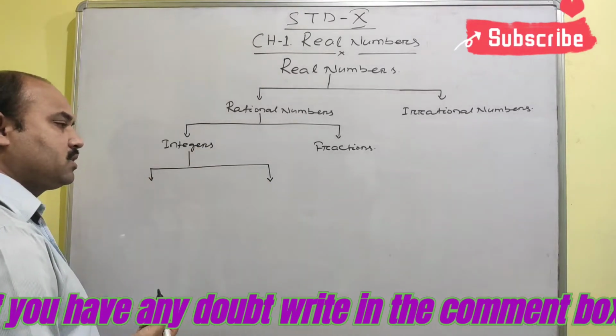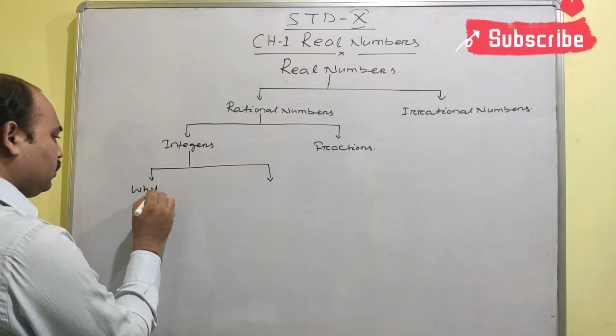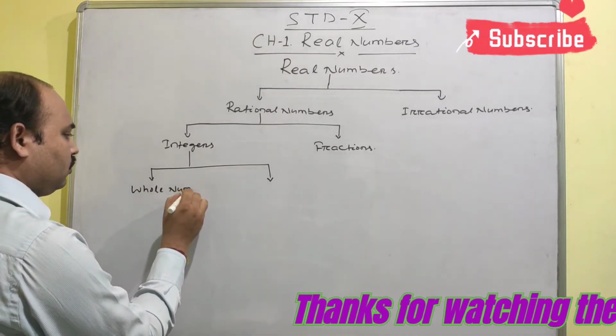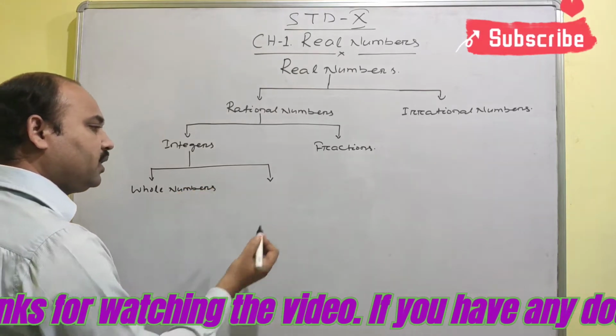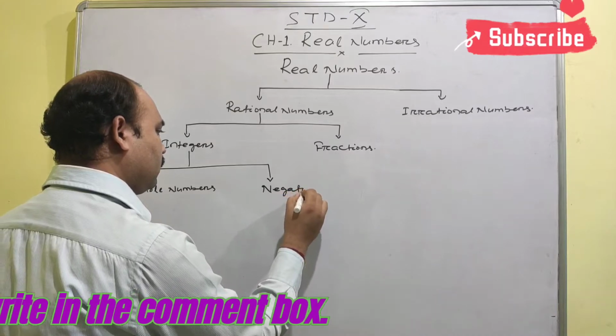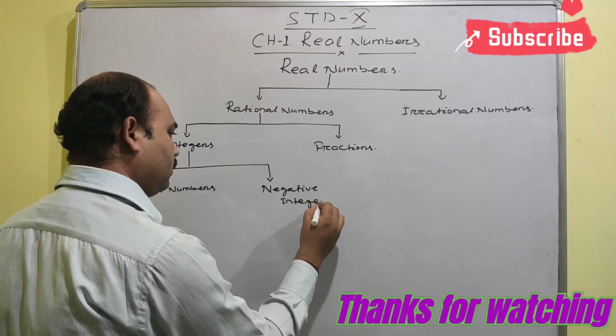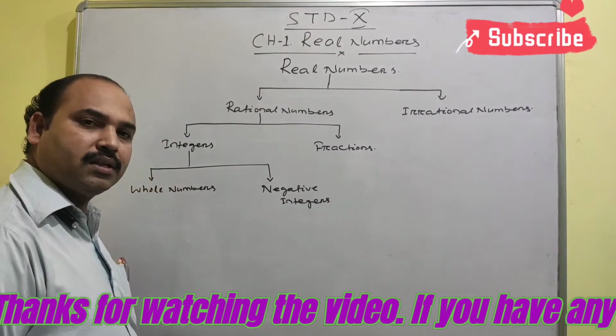Again, integers are divided into two parts: first, whole numbers, and second, negative integers.